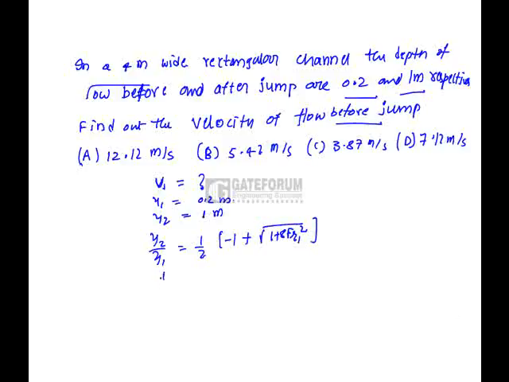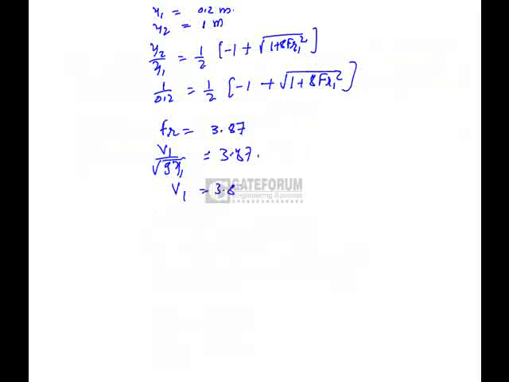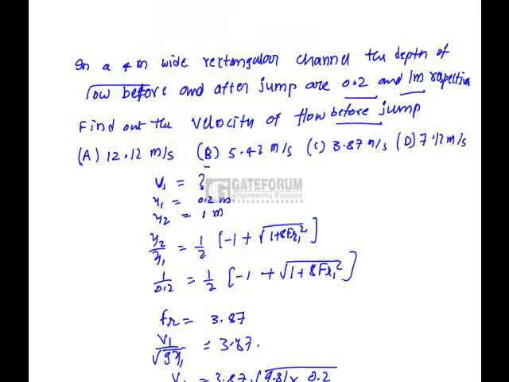That implies 1 by 0.2 is equal to half into minus 1 plus root of 1 plus 8 Fr1 square. Fr1 we can calculate and it is coming to 3.87. We know Fr1 is equal to V1 by root g Y1, that is equal to 3.87. V1 is equal to 3.87 root 9.81 into Y1, we know 0.2, that is equal to 5.42 meters per second. So option B is correct.